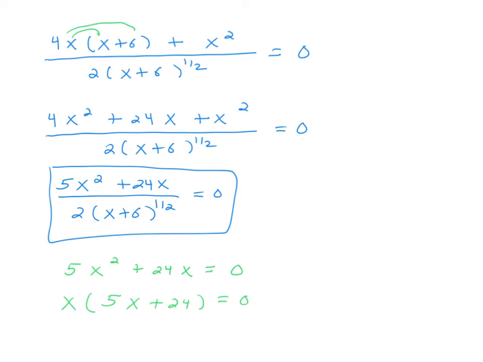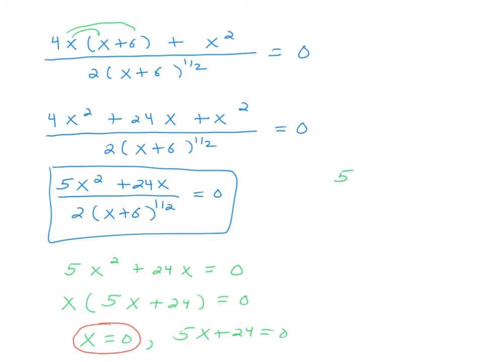Because we're set equal to 0, I can look at each individual factor and see where it is equal to 0. So that is x is equal to 0, but also where 5x plus 24 is equal to 0. And instantly, this gives us one of the solutions. x equals 0 is a critical value.